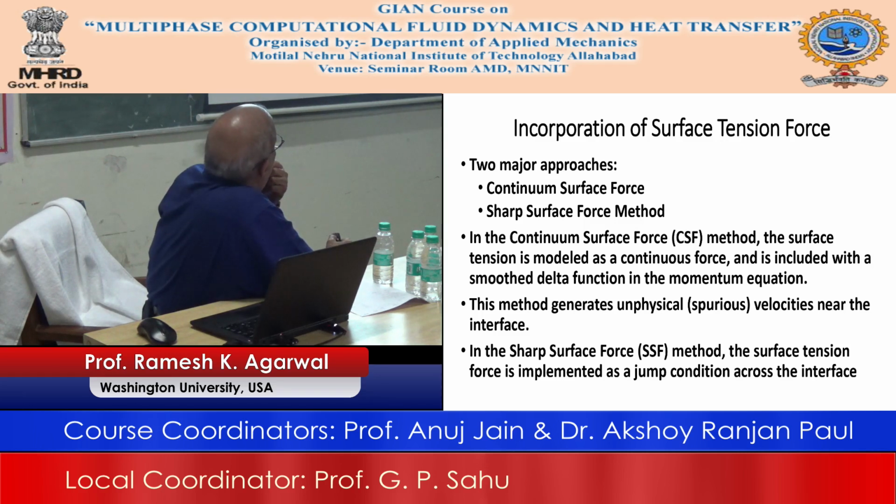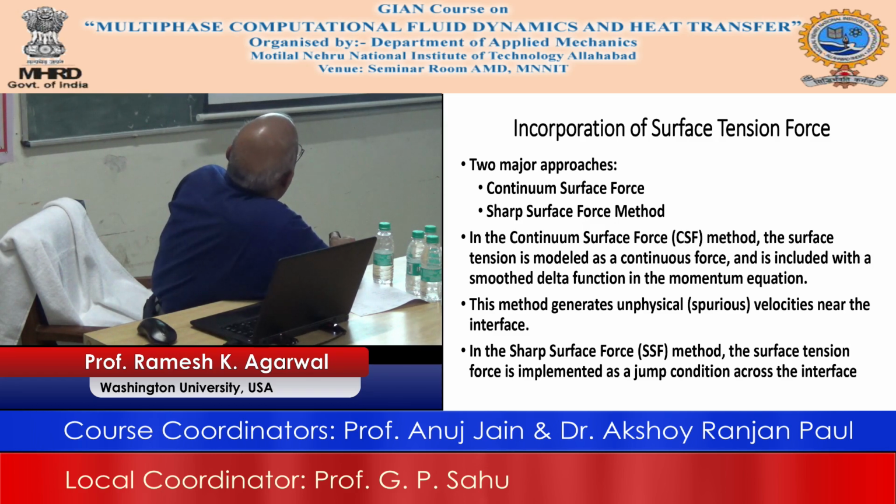But in the continuum surface method, there is a slight allowance of some continuity, which means it will transition not as a jump, but in some smooth way. And that is where some fudge factors come in. People have fudge factors to allow that transition, and there is no standard way to do that, but a lot of numerical experimentation has been done to see what those methods are.